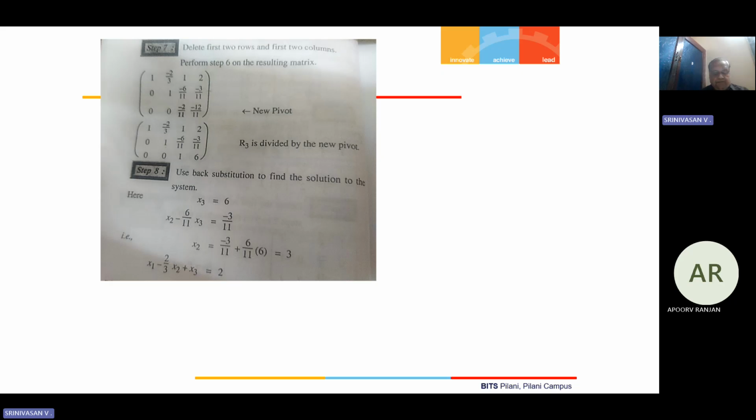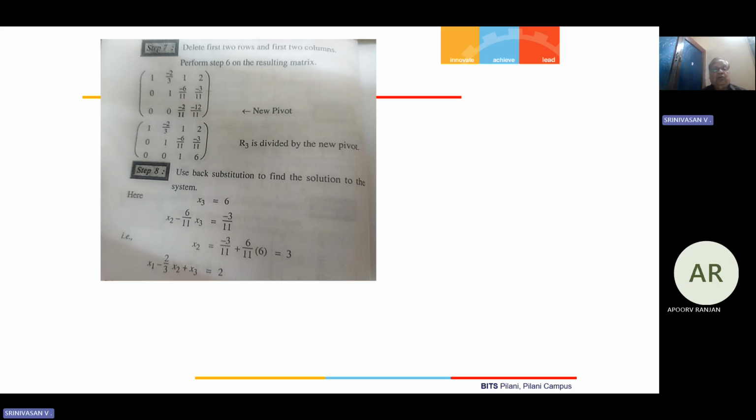The modulus of minus 6/11 is maximum, and therefore we are interchanging.